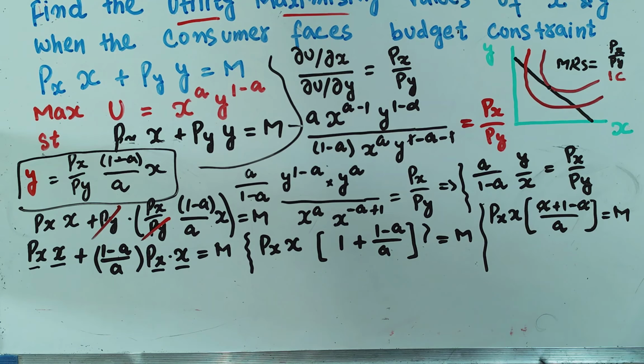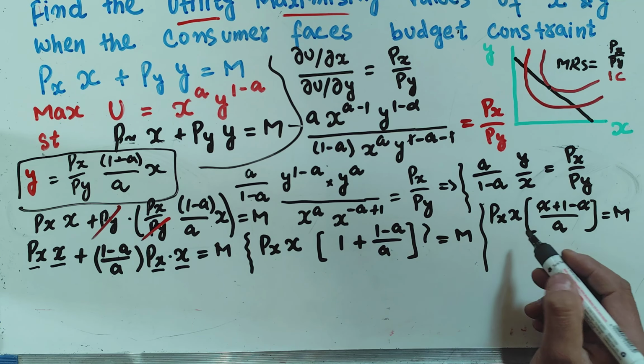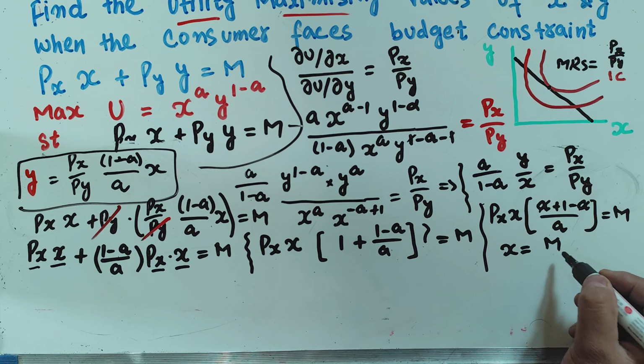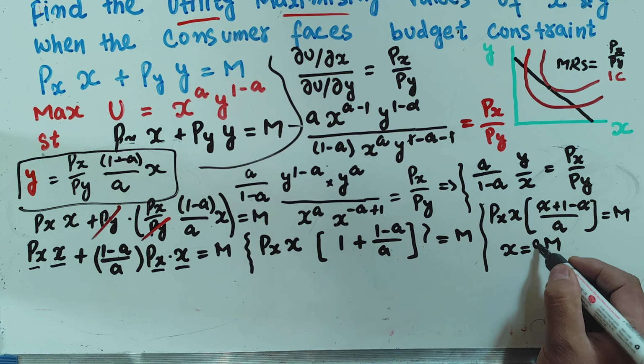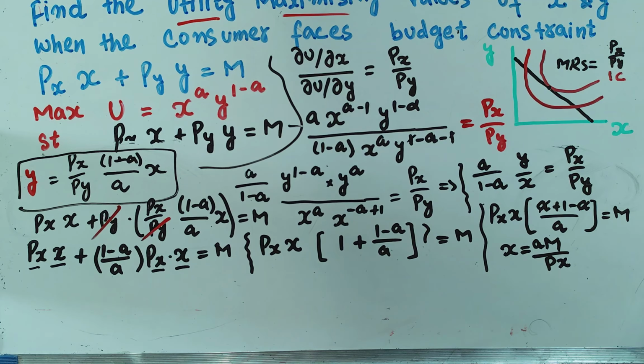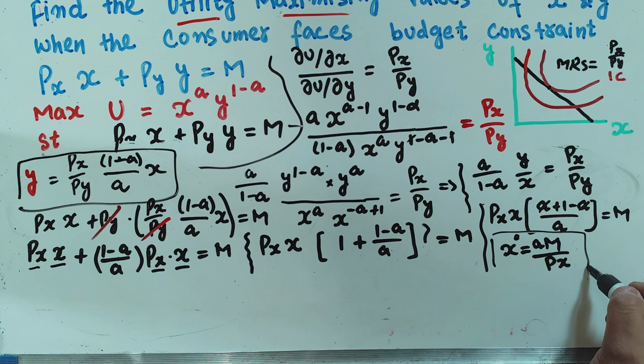So a and a gets cancelled. We are left with 1 upon a. That gives us x will be equal to m here, and this a gets multiplied, divided by p of x. This denotes the optimal bundle of good x, or the demand function of good x.